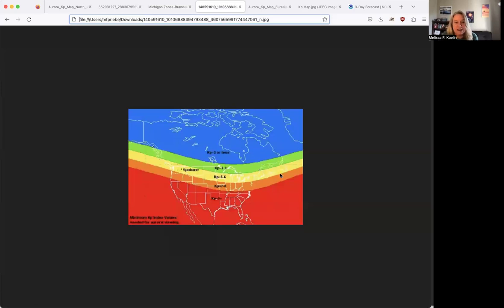KP3 to 4 is going to be really great along the Canada-US border. Again, you can see the layout, KP5 to 6, even farther south, KP7 to 8, even farther south. And KP9 is when we max out the scale and aurora can be seen much, much closer to the equator. So that's kind of how it lays out.